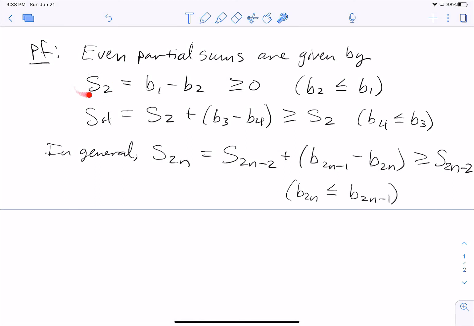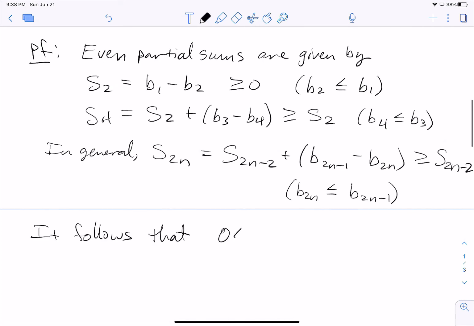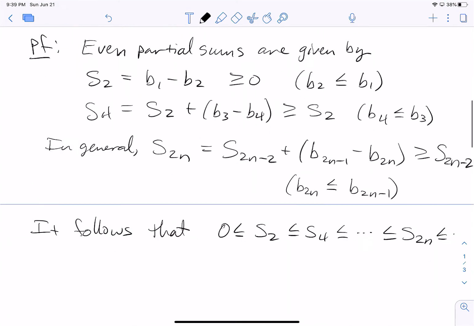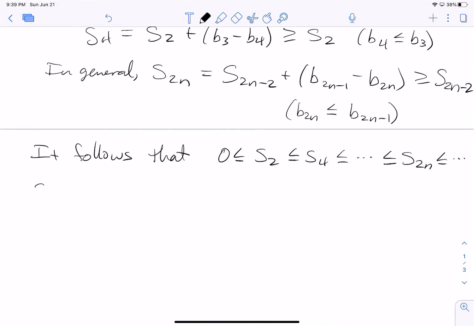Well, folks, s_2 is greater than or equal to 0, s_4 is greater than or equal to s_2, and so on. s_2n is greater than or equal to its predecessor, s_(2n-2). We can write this down as a series of inequalities. It follows that 0 is less than or equal to s_2, which is less than or equal to s_4, which is less than or equal to ... which is less than or equal to s_2n, which is less than or equal to ... So the sequence s_2n is increasing.